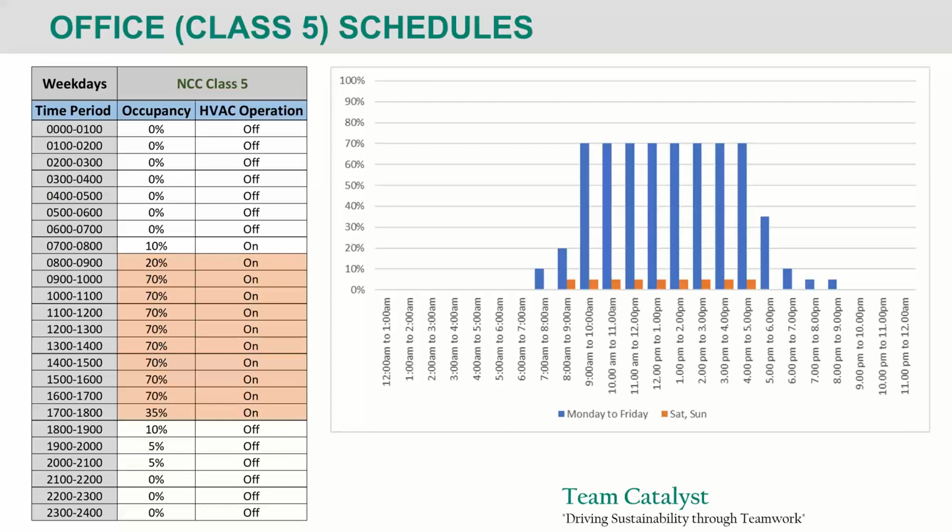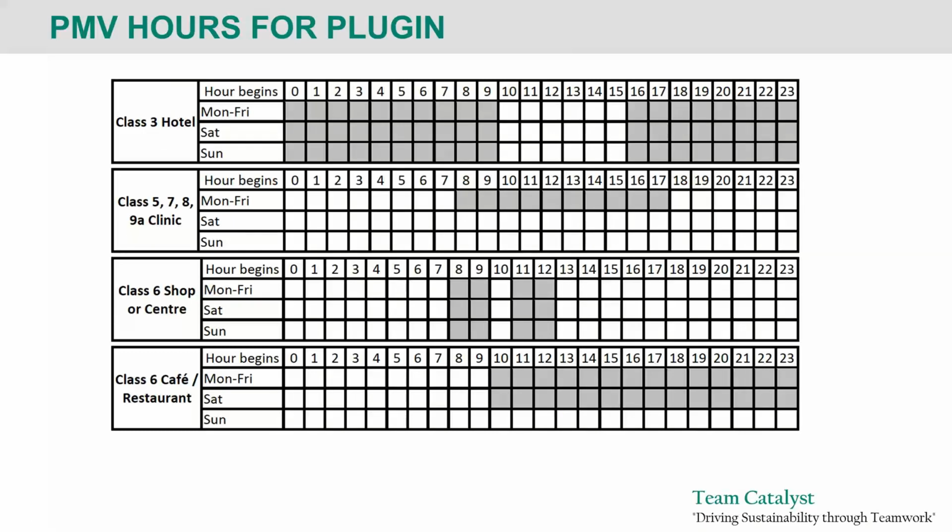Okay, so from 8 o'clock to 6 o'clock, it will report the Pmv. And if you look at some of the other classes, in the documentation that we provide with the plugin, you'll find it'll tell you in these gray squares which are the hours that it's looking for each of the classes of buildings.